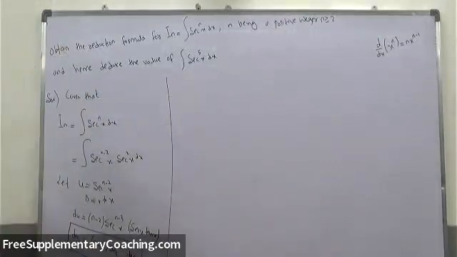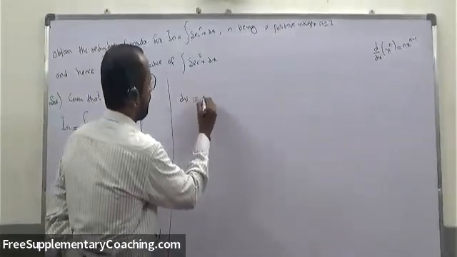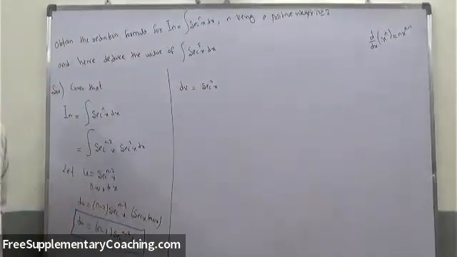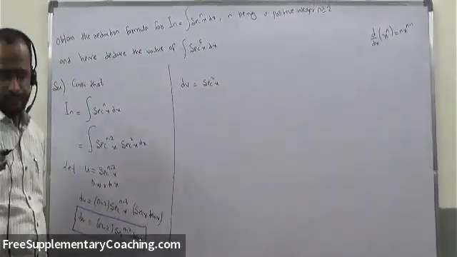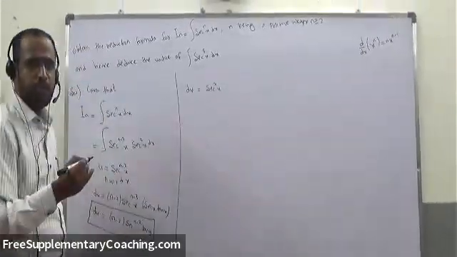Next, the next term I am taking as dv. dv is equal to secant square x. Apply integration on both sides.